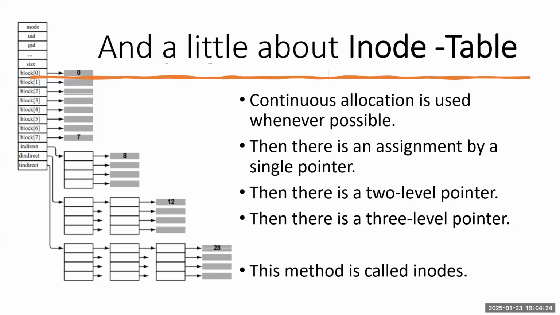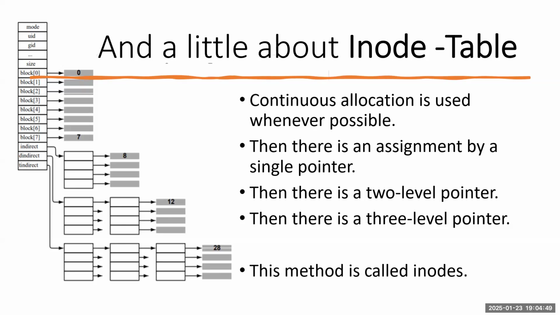So now I got 16 blocks just by this one line here. But I had to do a double jump. Now, why don't I want to do double jumps? Because it's slower. To find it, I'm gonna have to jump to here and then to here, and then I finally get there. So the direct is gonna be the fastest. If the file is short, then I'm gonna have much faster access to it. If it starts to get big, I have no choice. It's gonna be more jumps.